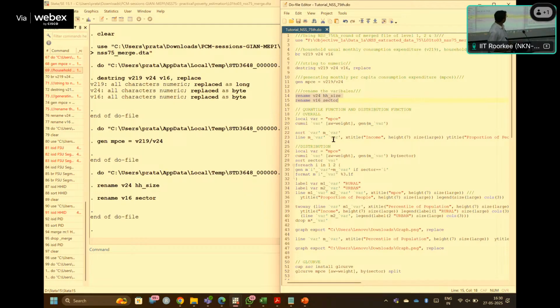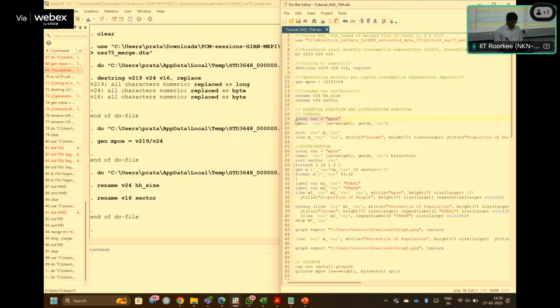Now, starting with the first requirement, so far as our earlier lectures are concerned, is quantile functions and how the MPC is presented through the quantile distribution function. So, using the analytical weight of these, we created these.